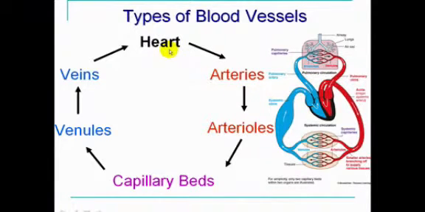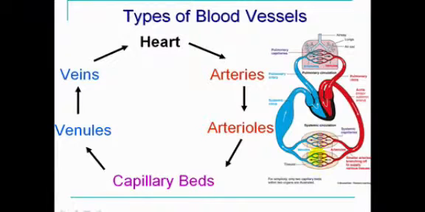Remember, your heart is the pump, and it pumps blood into arteries. Arteries are large blood vessels that travel away from the heart, so they carry blood away. Arteries will branch into smaller blood vessels called arterioles, and arterioles feed into capillary beds.